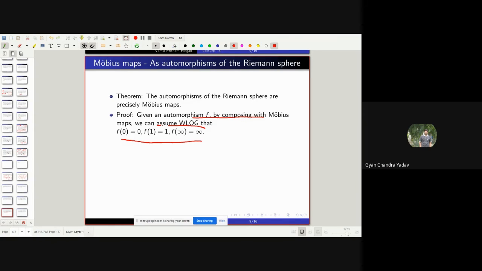Sir, suppose f maps 0, 1, infinity to some other points, then we take another Mobius transformation which maps those points to 0, 1, infinity.